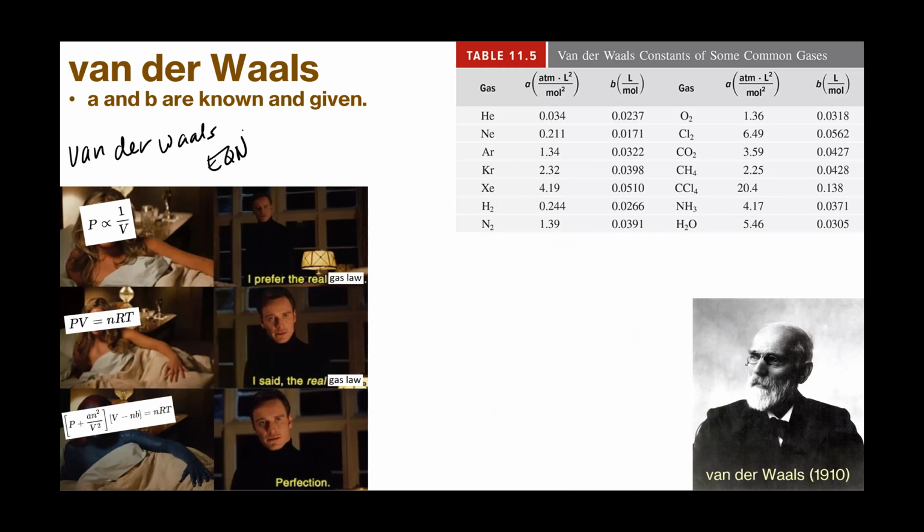The van der Waals equation says that the pressure plus its fudge factor, n squared A over V squared, times V minus nB, that's its fudge factor, is equal to nRT. This is a big equation.